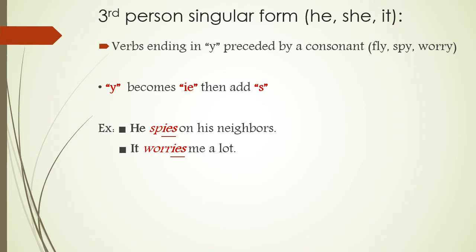If it is preceded by a consonant, then we change it. If it is not preceded by a consonant, we don't change it into ie. And here, spy ends with y, and before the y there is a p, which is a consonant, and worry, before the y there is an r, which is also a consonant. So we change the y into ie, and then we add s.